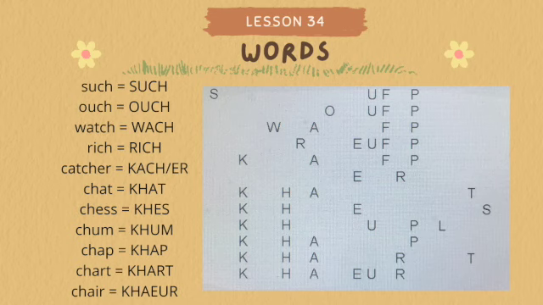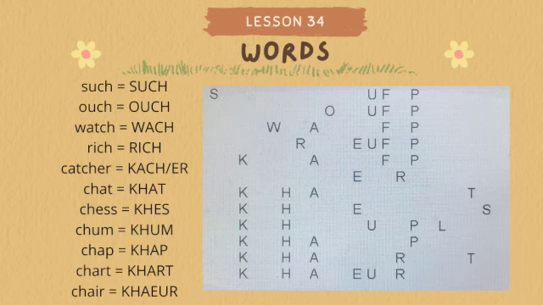So we have here the words such, ouch, watch, rich, catcher, chat, chess, chum, chap, chart, and then chair, chap. So again, on the right side, we can see how these words are written.